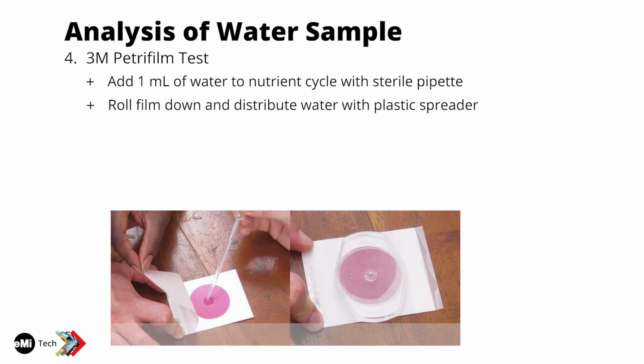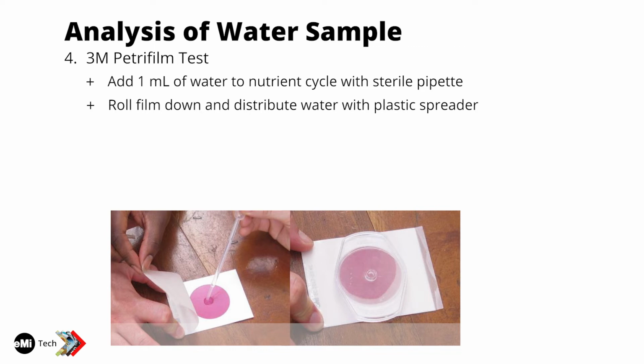You can buy spreaders. That's the plastic device you see in the picture. They've changed the style of the spreader from that picture. It's just a light, flat piece of plastic that helps spread the water out. I've found those to be not necessary, and they're quite expensive, so you can probably skip that, especially if you're experienced with this test.